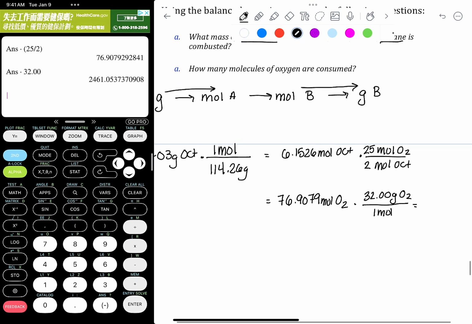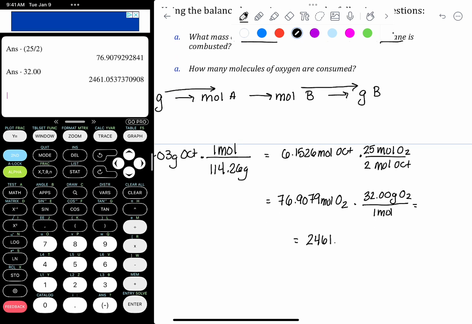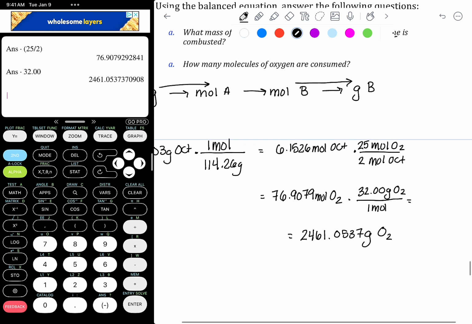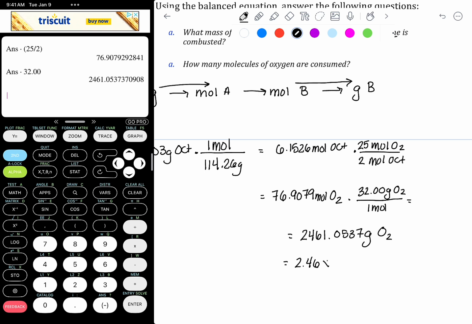And we get a value of 2461.0537 grams of O2. Our original number only has 3 significant figures, so we want to write this as 2.46 times 10 to the 3 grams of O2. Okay, so that answers our first problem.